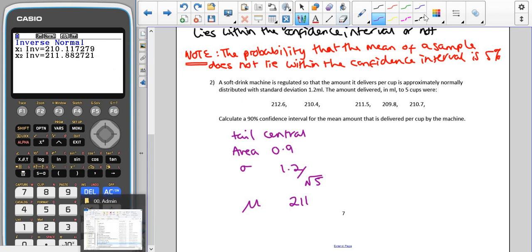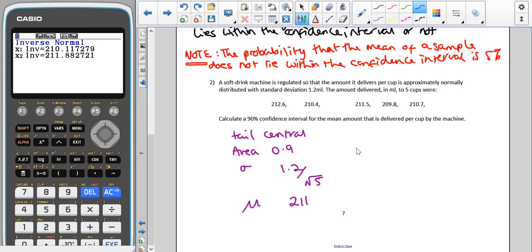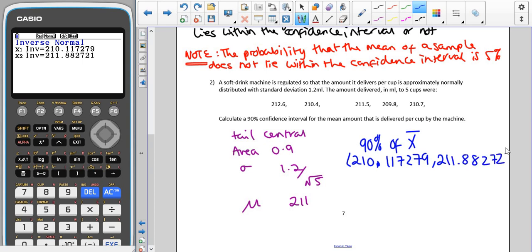And that gives us that 90% this time of the means of our samples lie between 210.117279 and 211.882721. All these values here have been given to 1 decimal place, so I'm going to give my answers at the bottom to 1 decimal place, so 210.1 and 211.9.